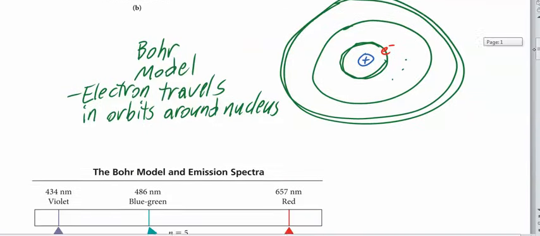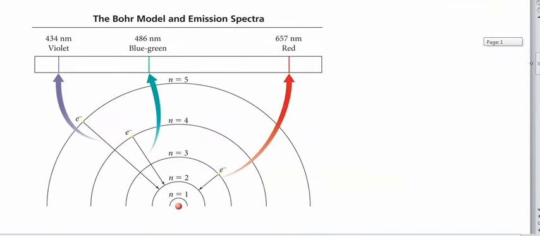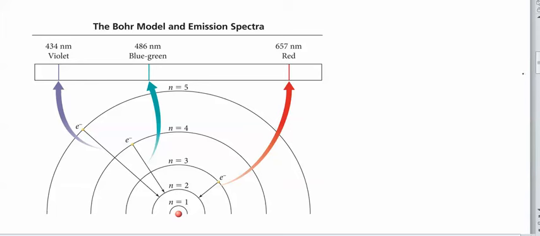So how does that relate to spectra? Well, if the electron moves from one orbit to another, the orbits have different energies. And in order to go from one energy to another, it's got to get rid of that extra energy or absorb it.